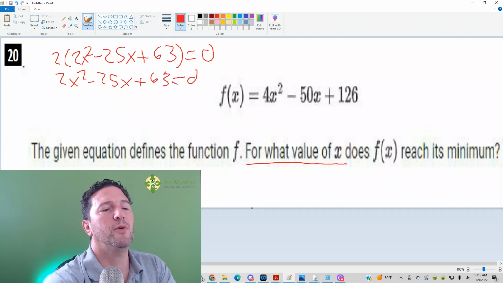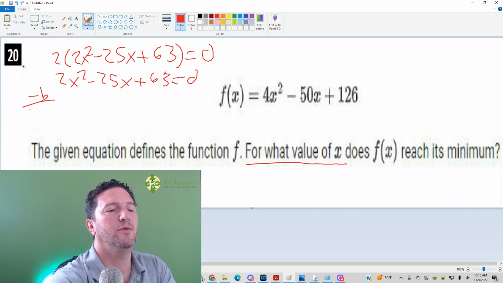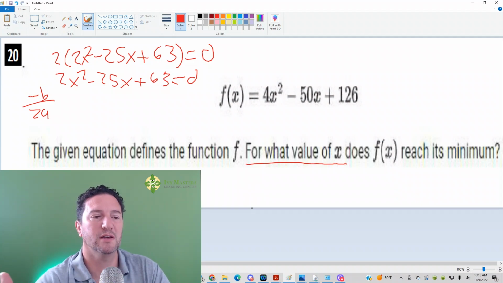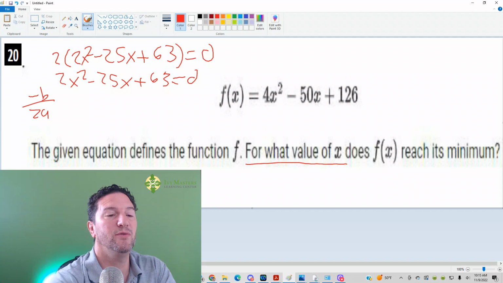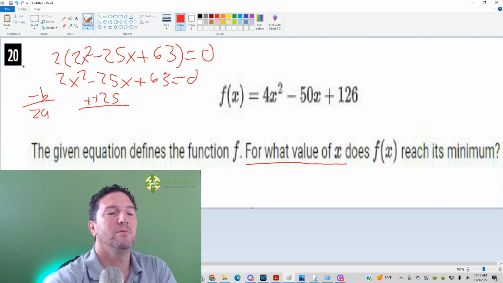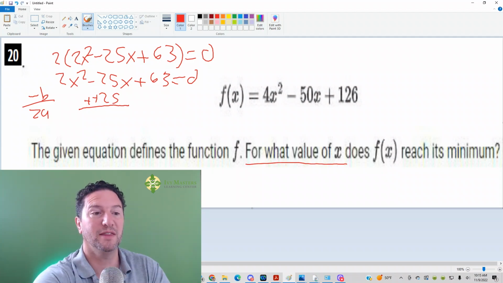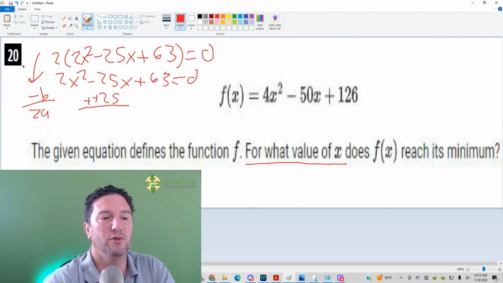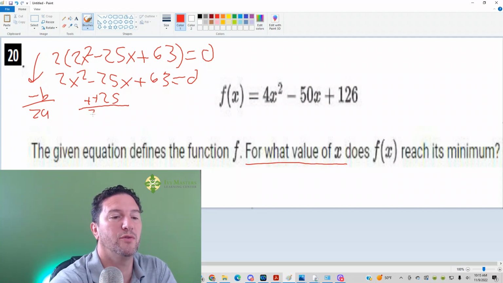And you might remember from math class, you do negative b over 2a to find the x part of the vertex. So what's my b here? It's a negative 25, which is going to be a positive 25, because your b is negative and you've got the negative in the little expression over there. So you've got a positive 25 over 2a.